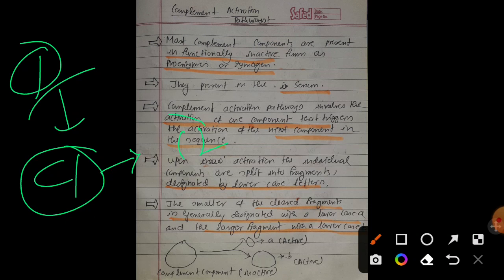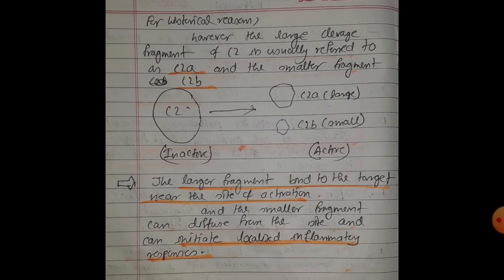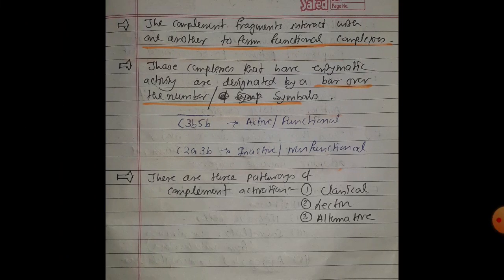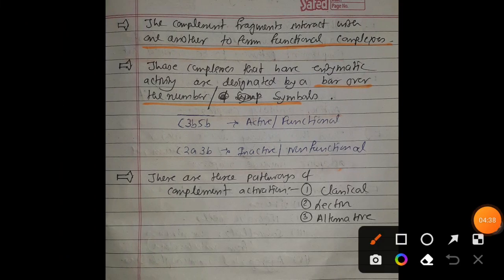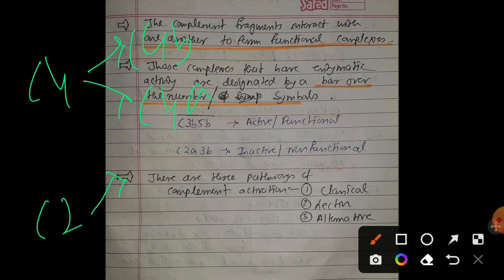Then this activated C2 will activate C3, and that is how the entire thing goes on. Now let's say the proteolytic enzyme breaks C4 into C4b and C4a. On the other hand, let's say C2 is also broken by another proteolytic enzyme into C2b and C2a.